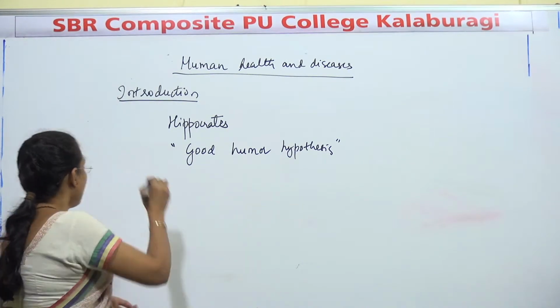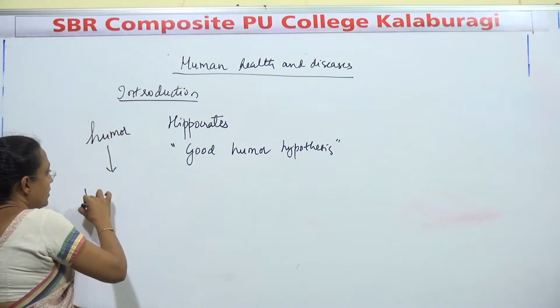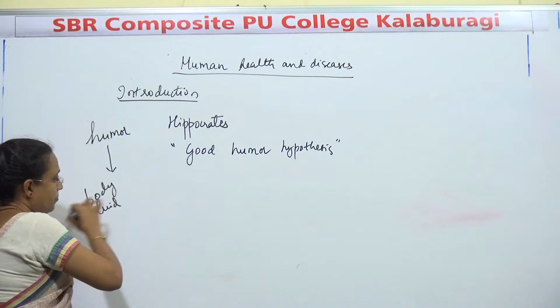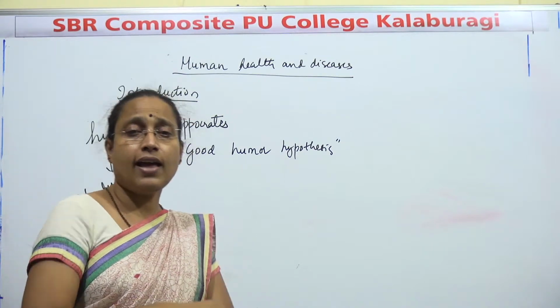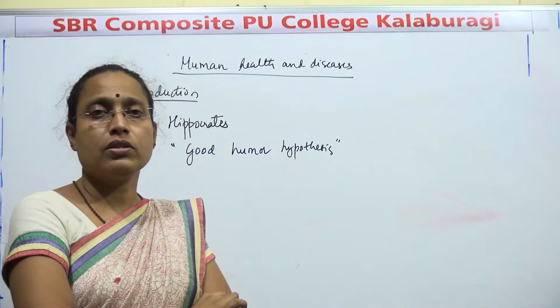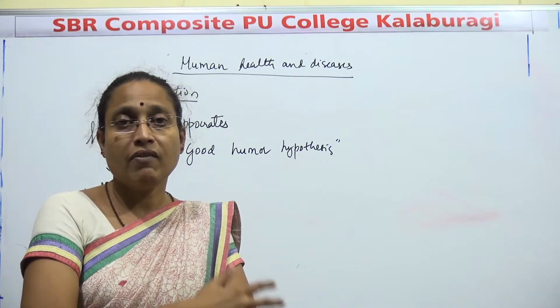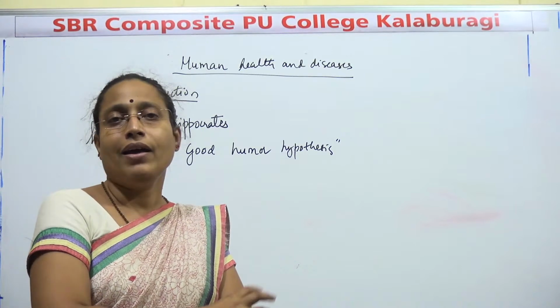So Hippocrates says that the body has certain humors. There are some fluids present in the body. Today we know that the two main body humors are blood and lymph.